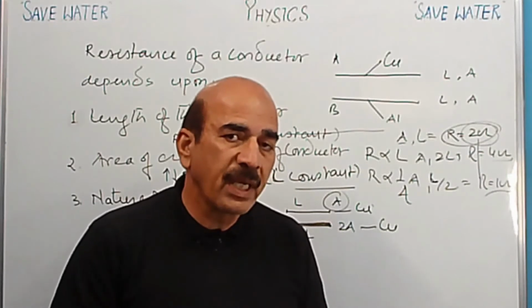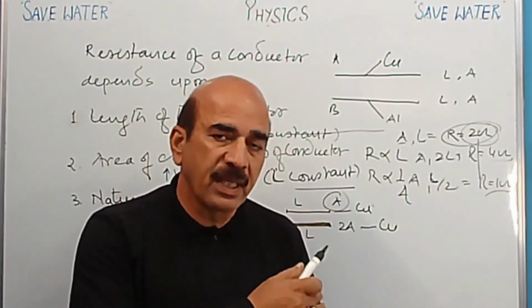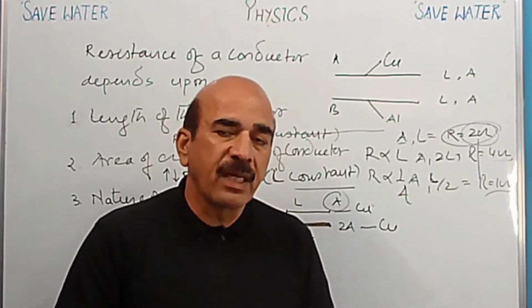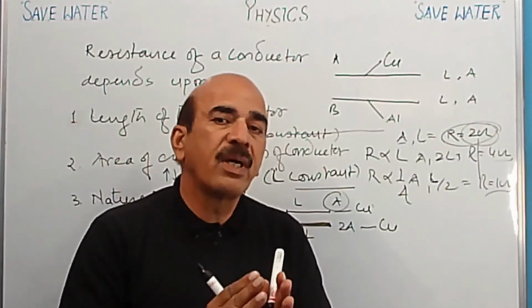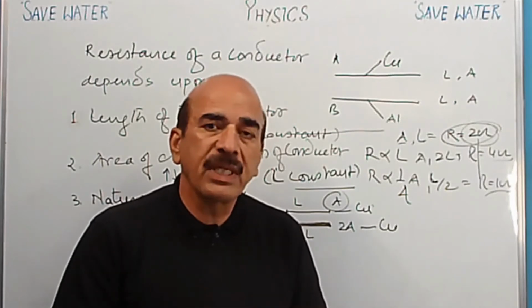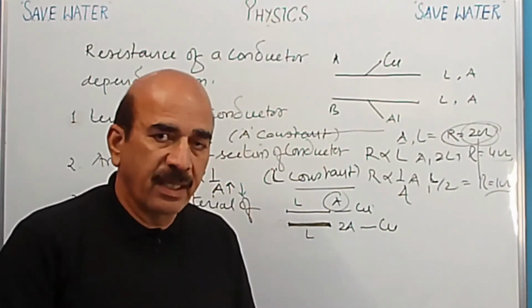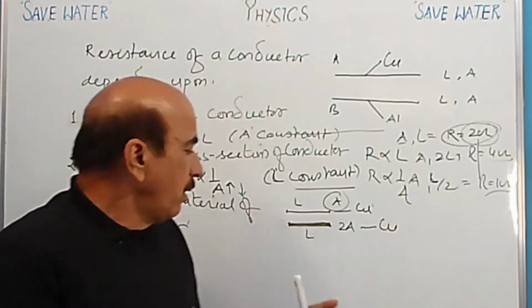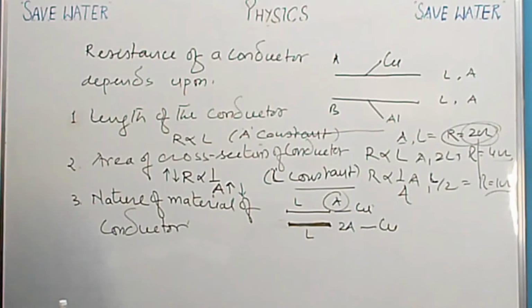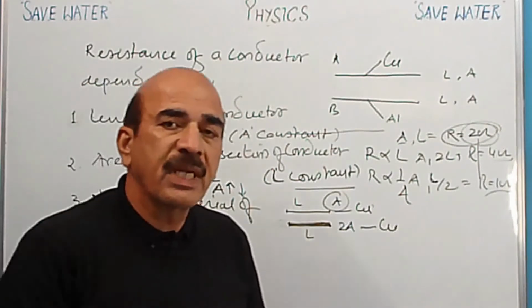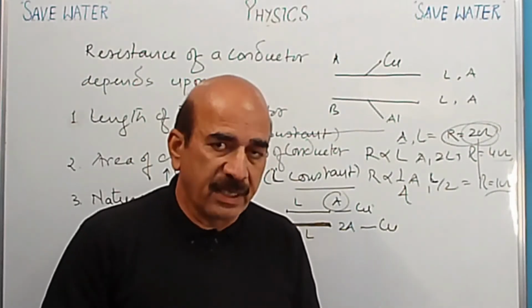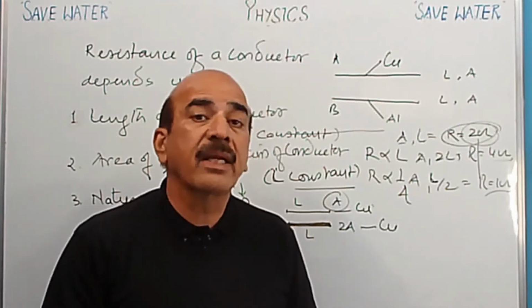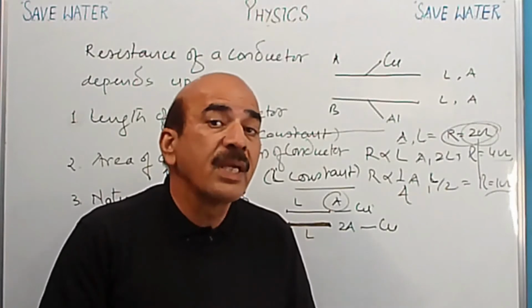We have performed this in an activity. Copper has very low resistance, therefore it is used in electric wiring at home. Nichrome has very high resistance, so it is used in electric heating devices, in geysers, heaters and electric irons, to produce heat.